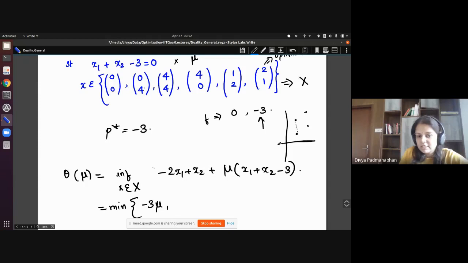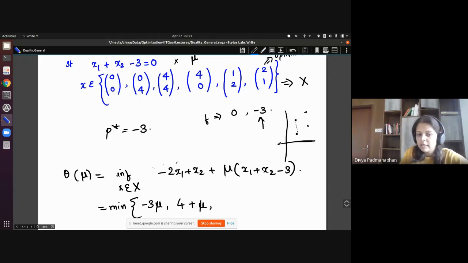Now if you substitute 0, 4, what are you going to get? This one goes off, so here you'll get 4, and here you get mu, so 4 plus mu. Just substituting 0, 4 into this form.